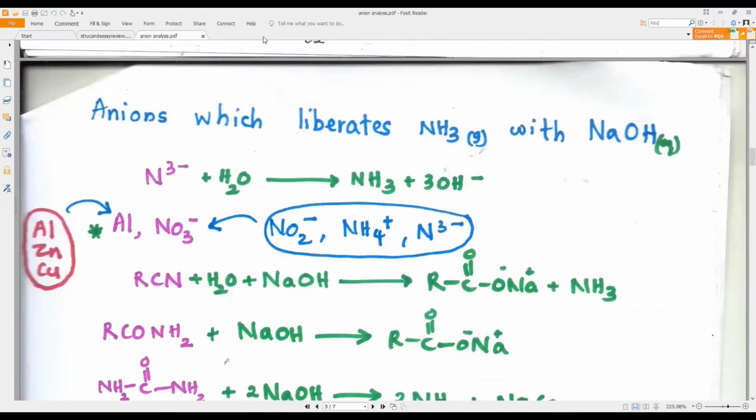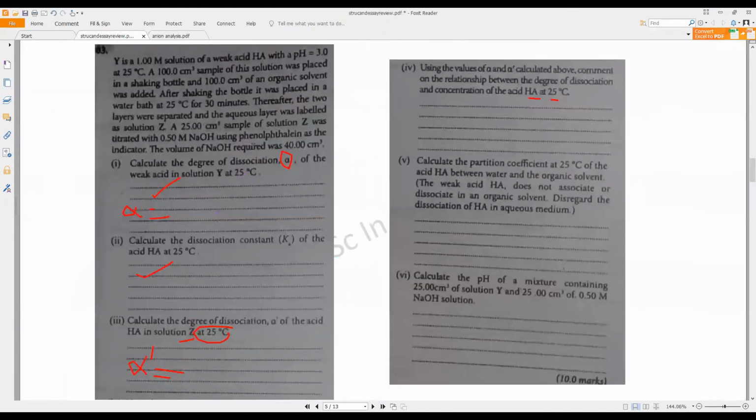So here you can understand this was 10 to the power minus 3, and here it is 1.1 into 10 to the power minus 3.